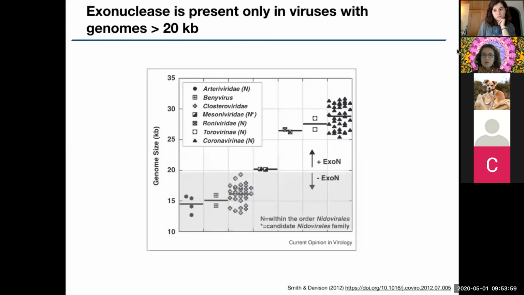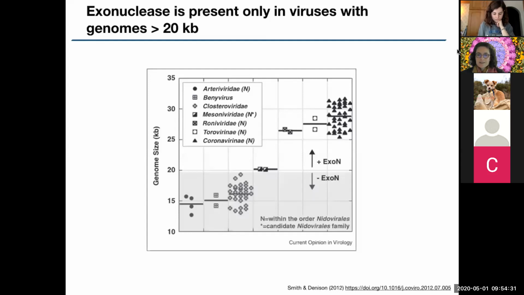Now that raises the question of why, if fidelity is important, these smaller viruses don't also have this ExoN protein. One interesting thing we see in microorganisms is that the synthesis of every protein requires an energy input. So there's a fitness cost to every protein that's made, as well as a potential fitness benefit. It's a trade-off.